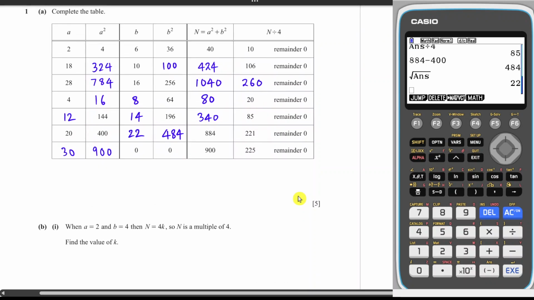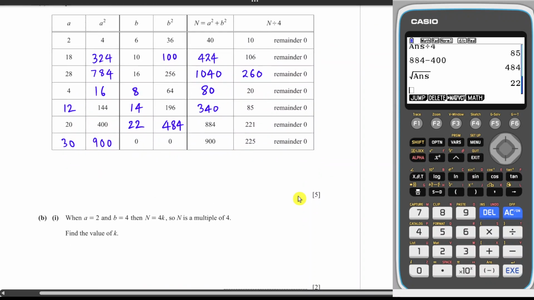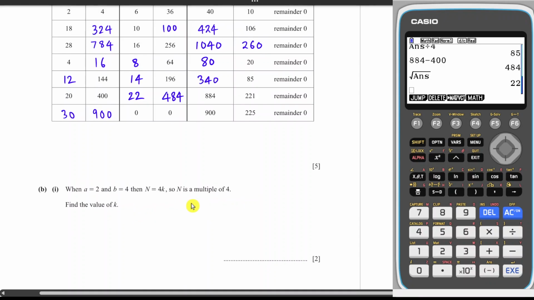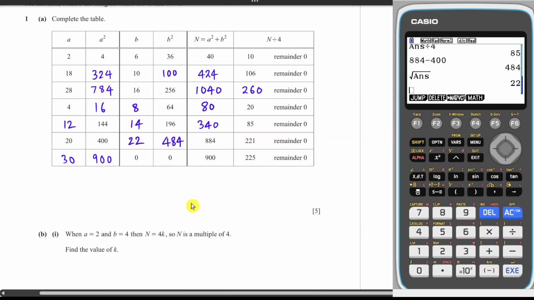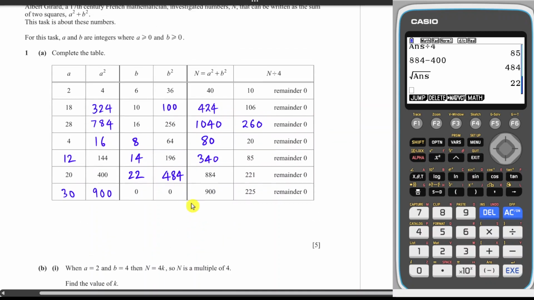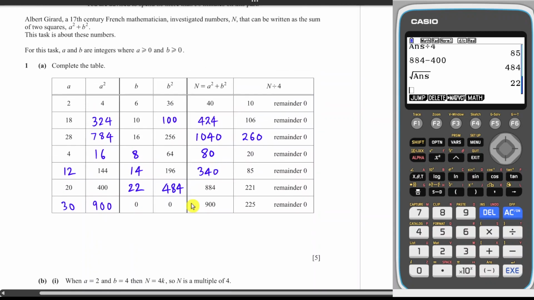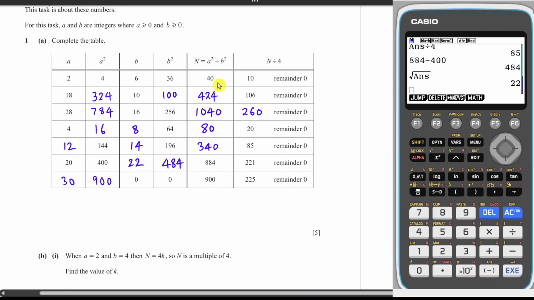Now the second part is question 1B, first one. When a is 2 and b is 4, then n is 4k. So n is a multiple of 4. Find the value of k. So a is 2, b is 4, and n is 4k.